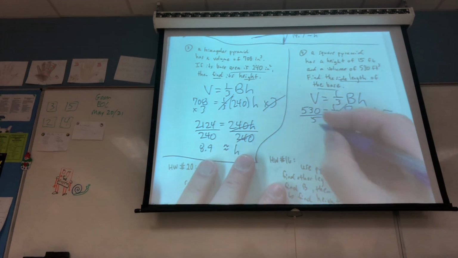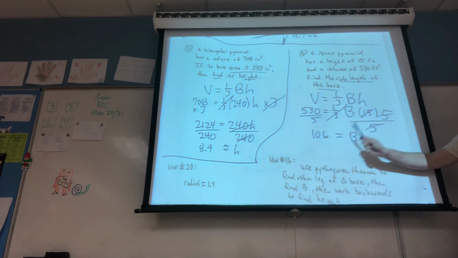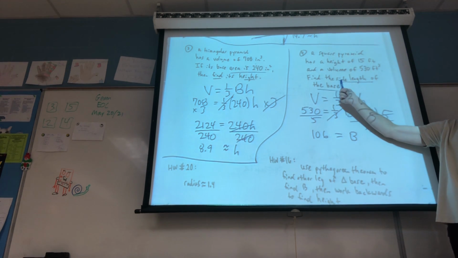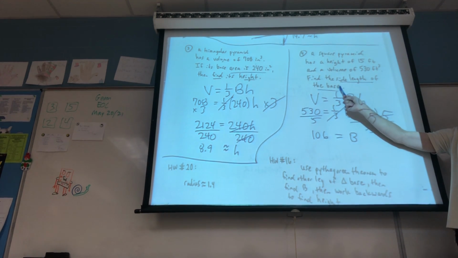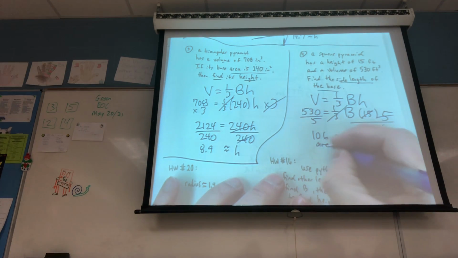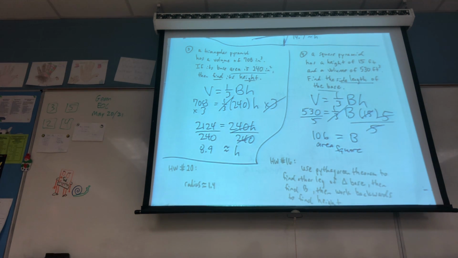Now look, guys, 106 is not the final answer. 106 is the area of the base, which is a square. Somebody raise their hand and tell us, if 106 is the area of the square, how can we find the side length of it? Haley?